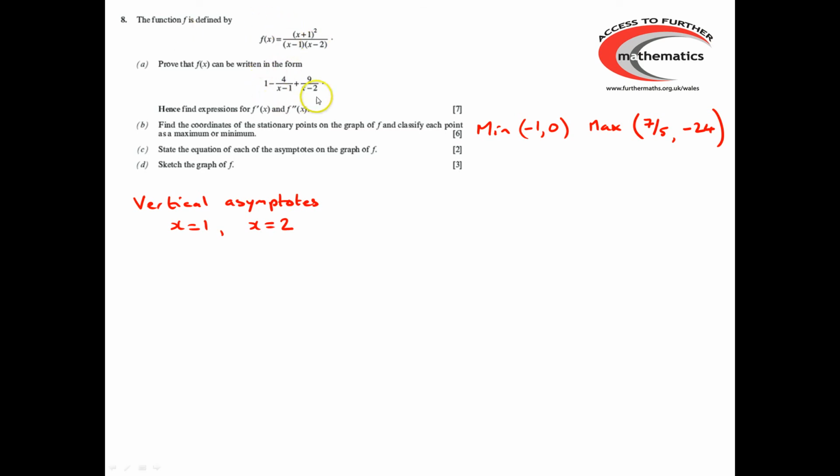The alternative form that we have here makes the behaviour as x tends to plus infinity or minus infinity very, very clear. As x tends to plus infinity, this gets closer and closer to 0, and this also gets closer and closer to 0. So we're going to have a horizontal asymptote at y equals 1.